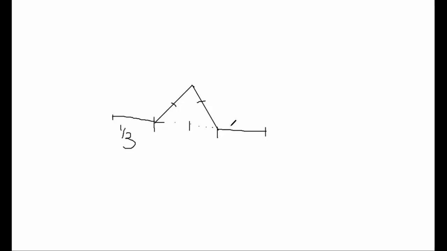Again, in the next step, each line is getting divided into three equal parts, and each line's central part is getting divided into an equilateral triangle without a base. This line is also divided into three equal parts, and here also we make the Koch curve, an equilateral triangle without a base.